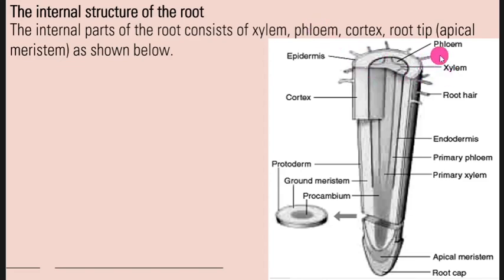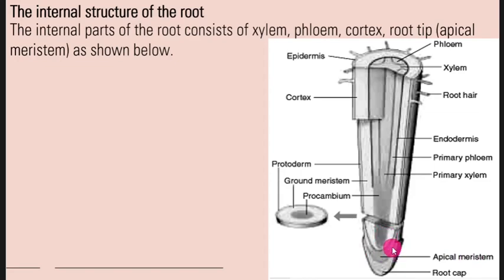The phloem, that part there. What else? The cortex. Which is the cortex? It is this part here. What else? Root tip. The other name is what? Apical meristem. Where is it? This part here, apical meristem.